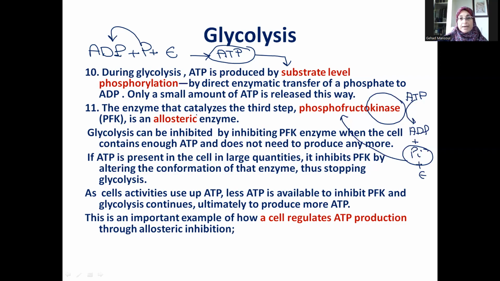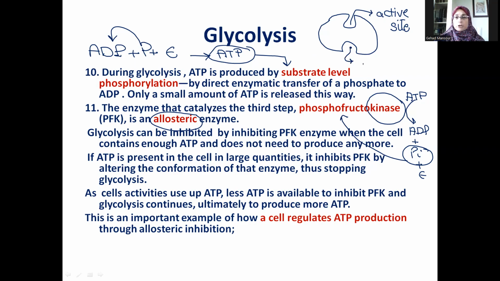Phosphofructokinase enzyme is an allosteric enzyme, and as we have studied before, allosteric enzymes are enzymes that have 2 important sites. They have an original site, which is the active site that is specific to the substrate, which is here fructose 6-phosphate, and they have another site, which is called an allosteric site. This allosteric site is capable of binding with certain molecules that are called allosteric effectors.